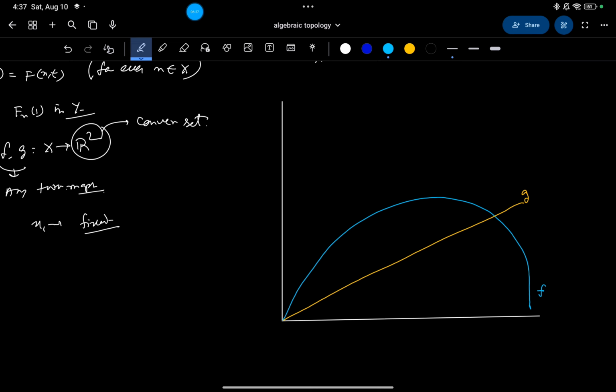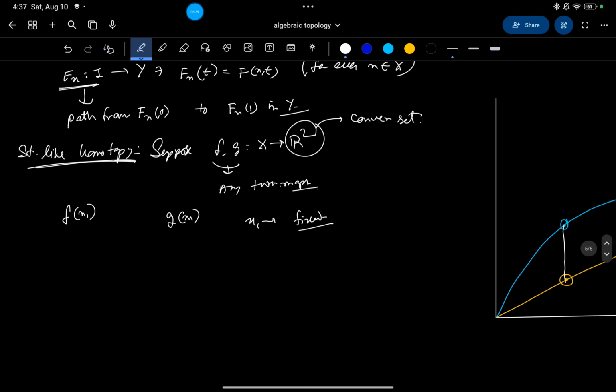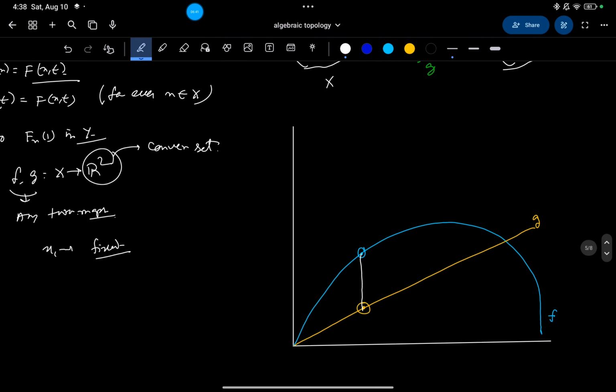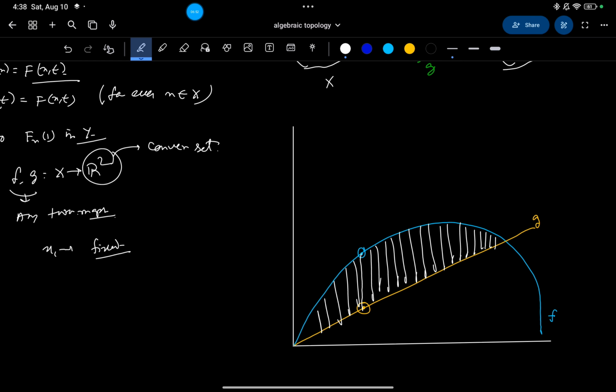On f of x1 I have this point, and let's say g of x1 I have this point. So these two points can be joined by a straight line. Thus for every small x belonging to capital X, I can join f of x and g of x in this way.